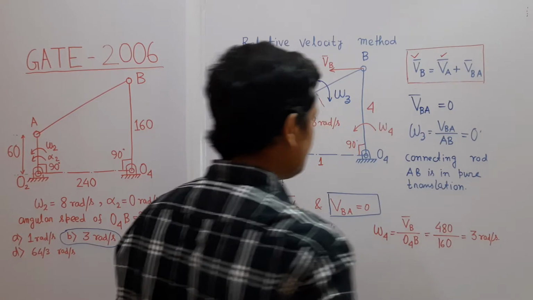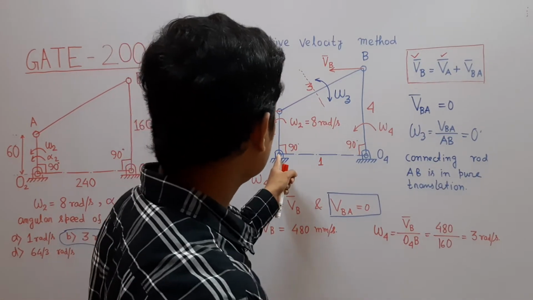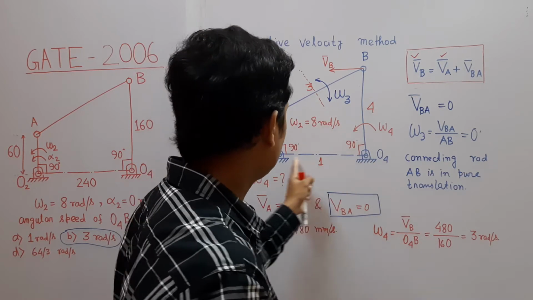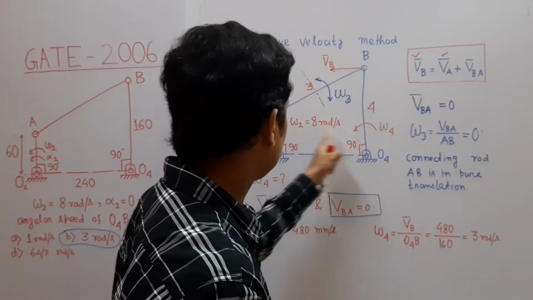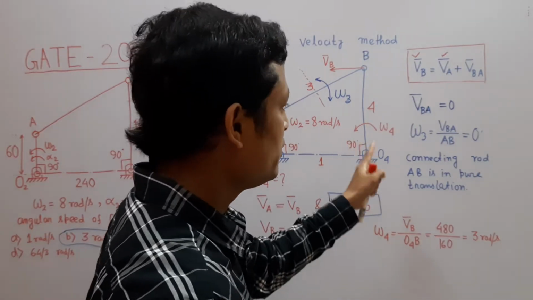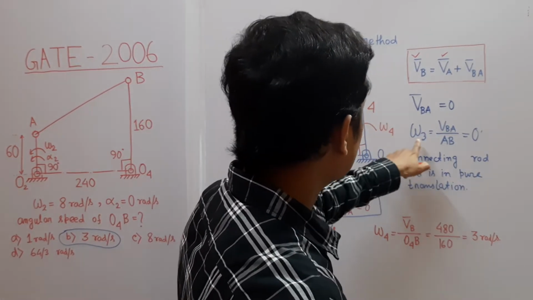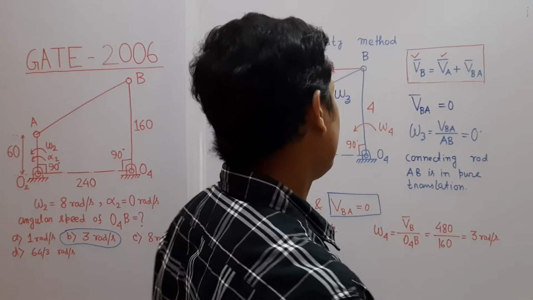So when both the crank and the follower are perpendicular to the fixed link, that is they are parallel to each other, at that instant the connecting rod will be in pure translation, as the rotational speed of the connecting rod is 0.